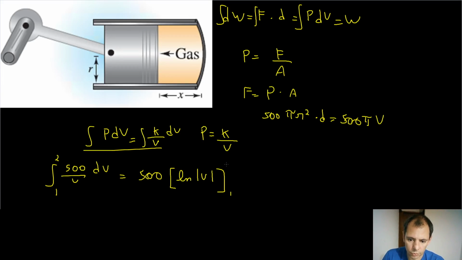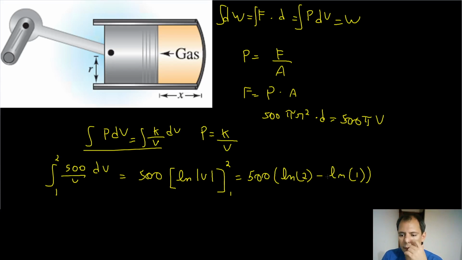From 1 to 2, which is 500 times ln of 2 minus ln of 1. And you go like, okay, so I have to find the ln of 2 and the ln of 1. There are two ways that you can think about this thing. ln of 2 minus the ln of 1 equals the ln of 2 divided by 1, which is just 2.